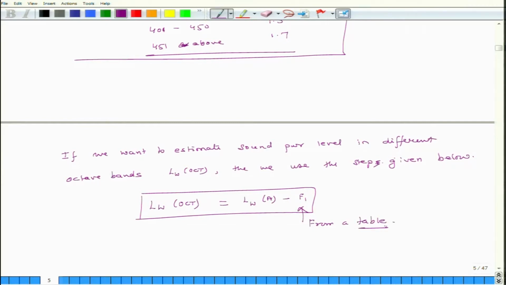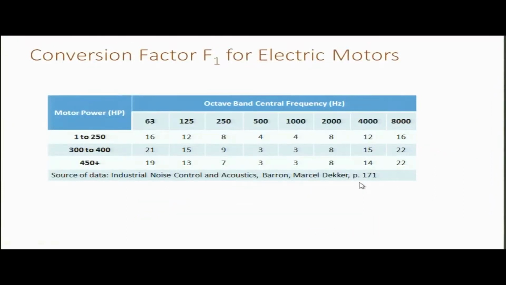So, let us look at this table. This is the factor which we call F1. What you have in this table, and this is for electric motors, is the horsepower of the motor, 1 to 250, 300 to 400 and so on. There is a gap, of course, 250 to 300 we do not have data, maybe you can do some approximation or interpolation from this.